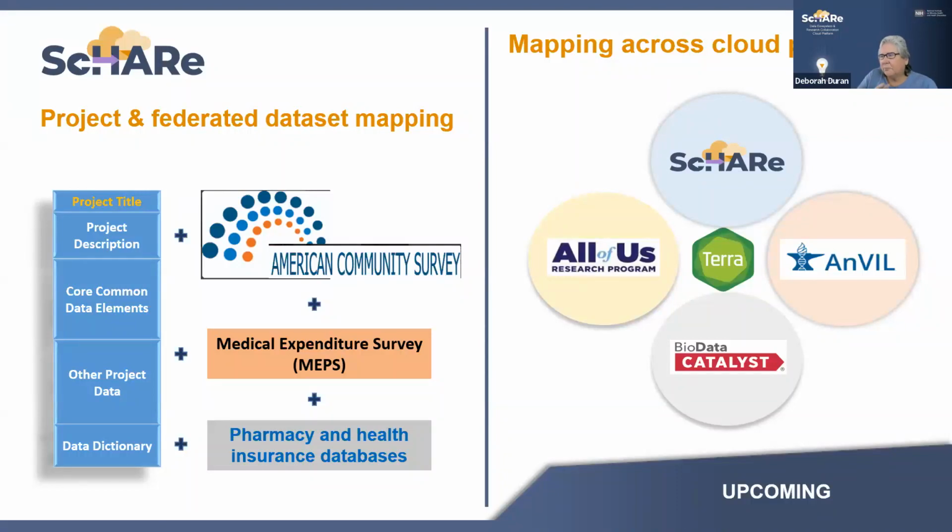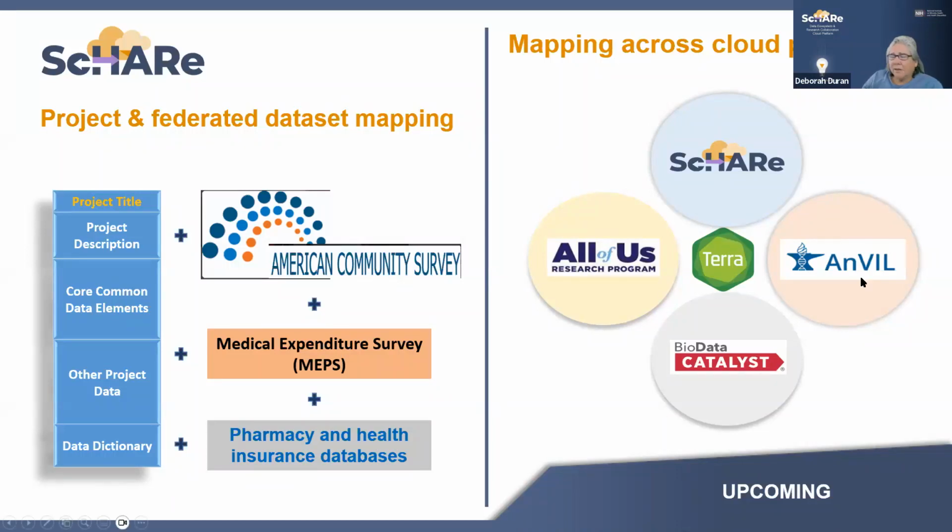And the last thing I'm showing you today, not the last step, is this little Terra button right here. Terra is the interface to all four of these large NIH platforms. Because Terra was used, we're going to be able to link across all four of these platforms.